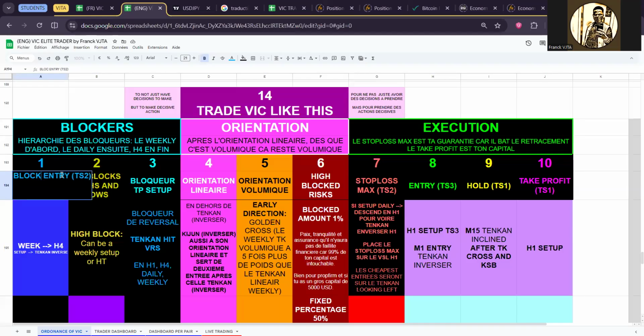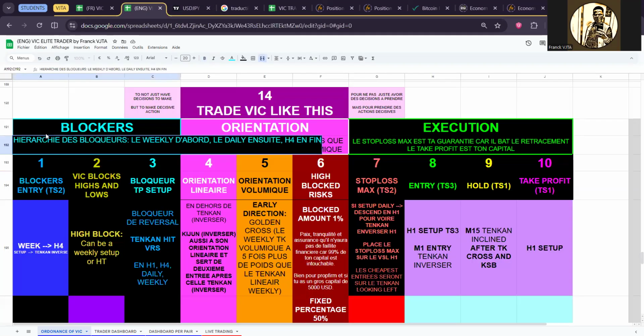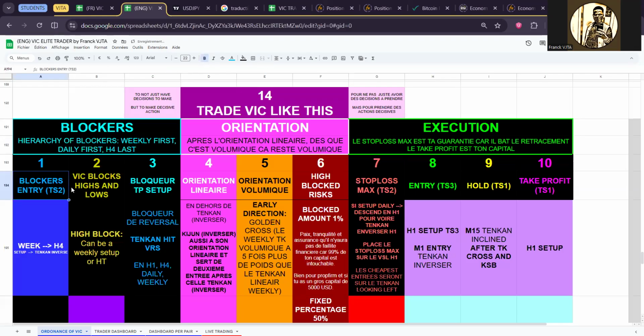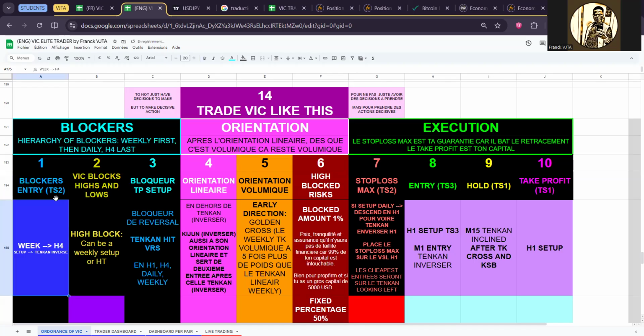We have, first of all, the first blocker that is called the TS2.